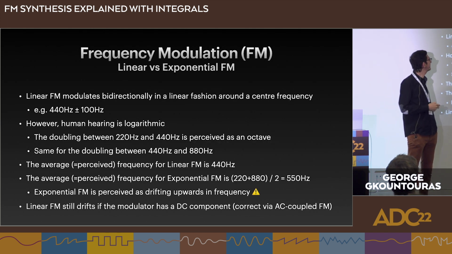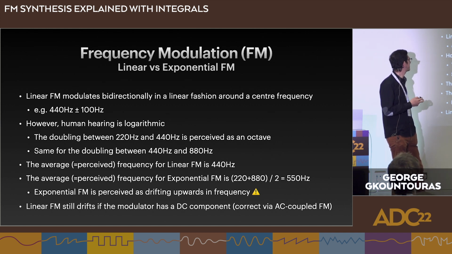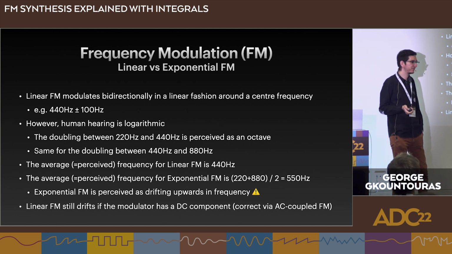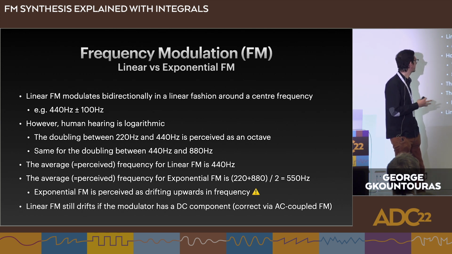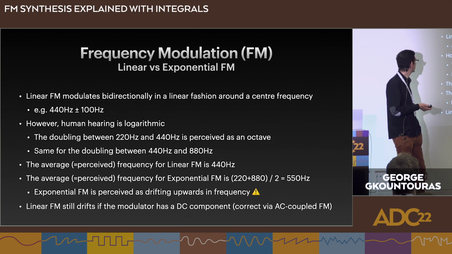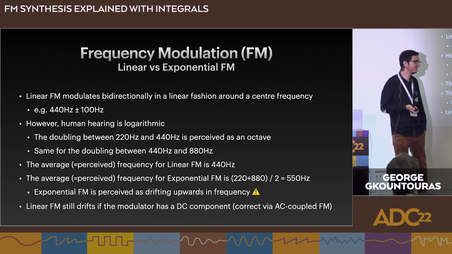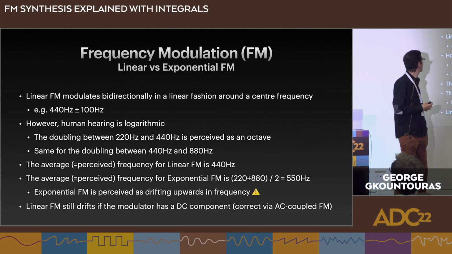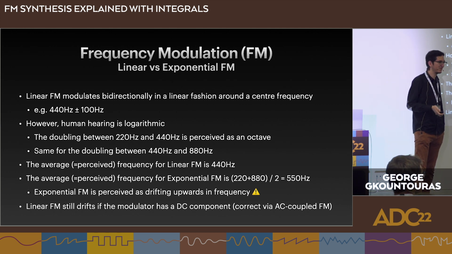So linear versus exponential FM. This is usually featured in other tutorials, but I'll cover it for completeness. In linear FM, we have linear modulation around the center frequency, so it's plus or minus 100 in this case. Human hearing is, as you know, logarithmic.